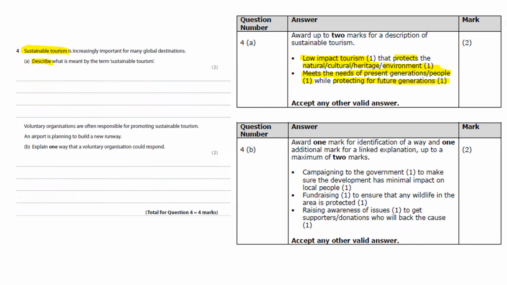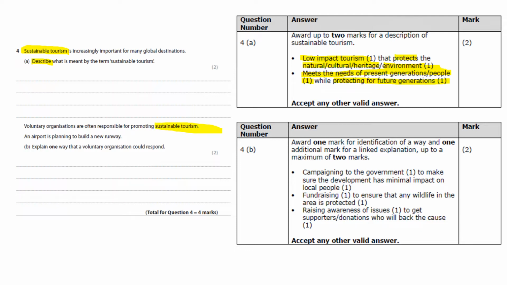Again, you don't need to write an essay here, but you do need to have those 2 points. Now, B is talking about a voluntary organisation, like a charity or something like that. Think of Friends of the Earth or something like that. Now, they are trying to promote sustainable tourism.